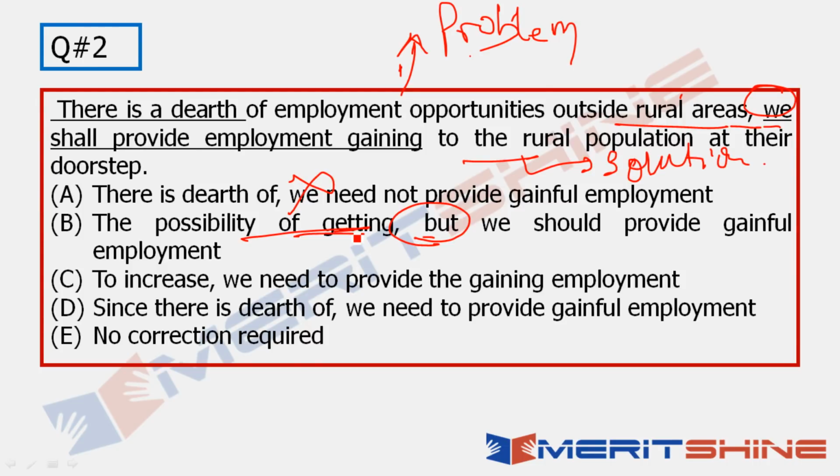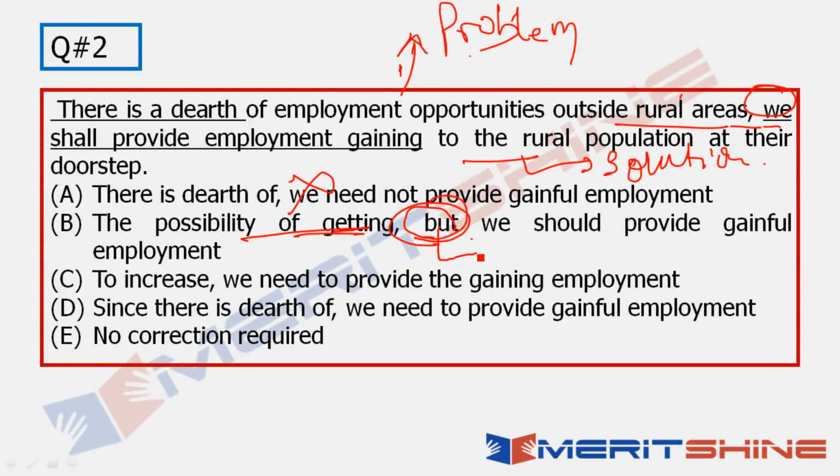In some cases, you can make it grammatically right, but it's not grammatically fitting in here. Okay, but still you can keep it: the possibility of getting of employment opportunities outside rural areas, but we should provide gainful employment to the rural population at their doorstep.